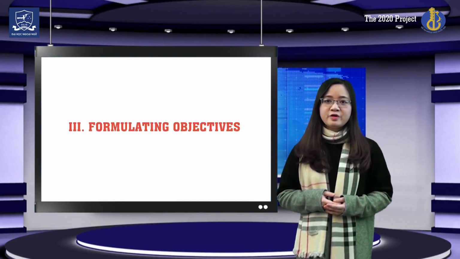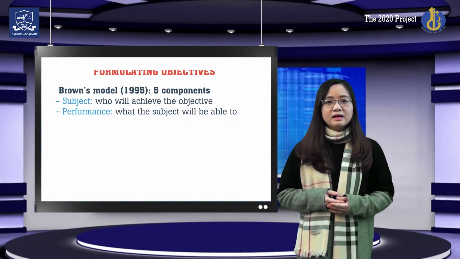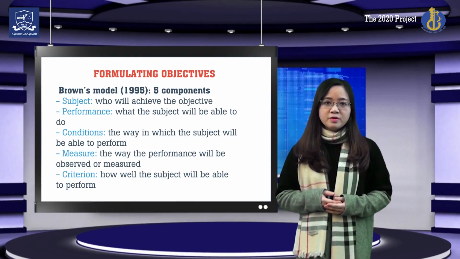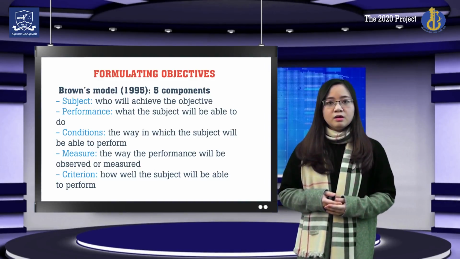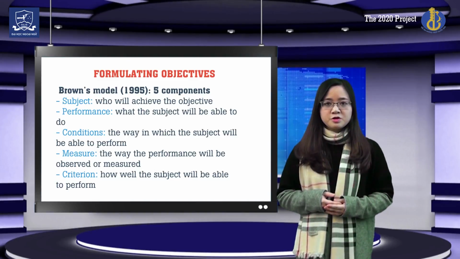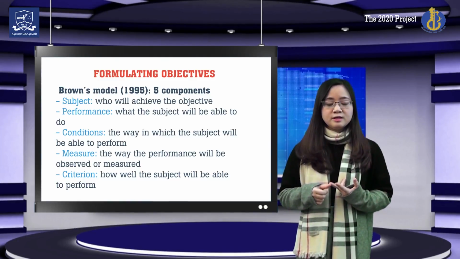Now we move on to find a way to formulate objectives. A classic work on formulating objectives is Robert Mager in 1962, on performance objectives, which suggests that for an objective to be successful, it should contain 3 components: performance, condition, and criterion.